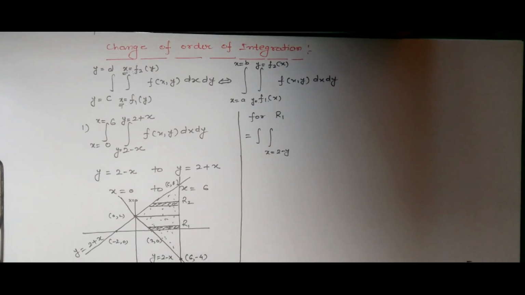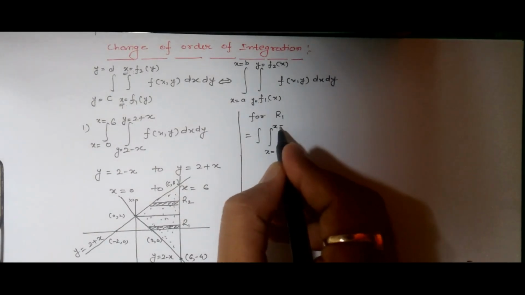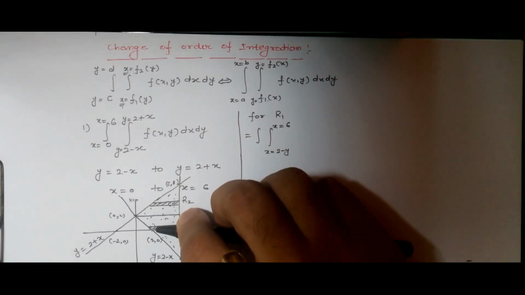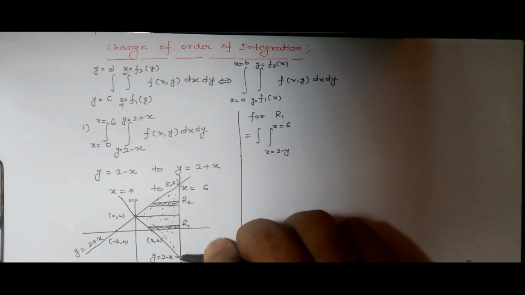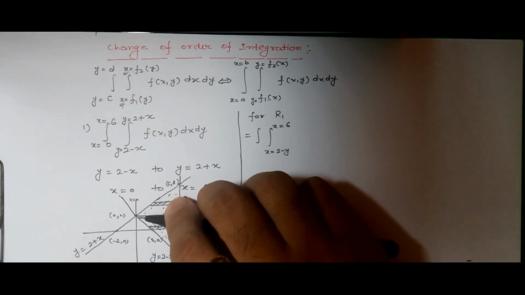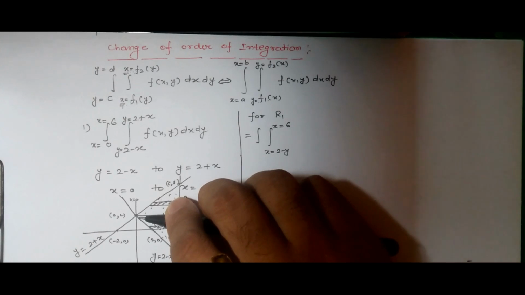And this strip ends here. What is x on that curve? X is equal to 6. And this strip, from where to where will you move to cover the region? You will move from y is this point to y is this point. Remember, one basic concept in double integration: all horizontal movement is left to right and all vertical movement is down to up, irrespective of the quadrant.